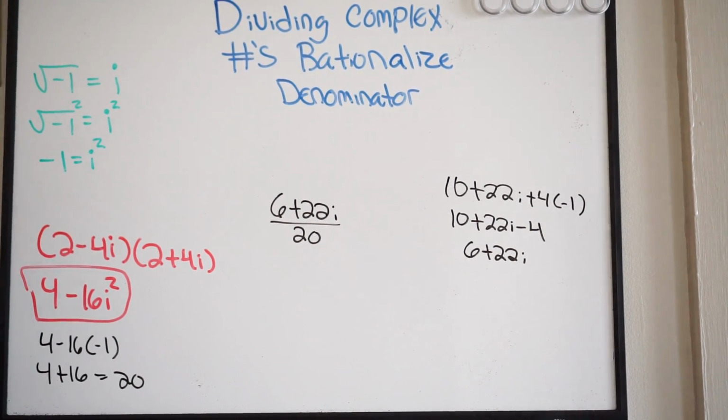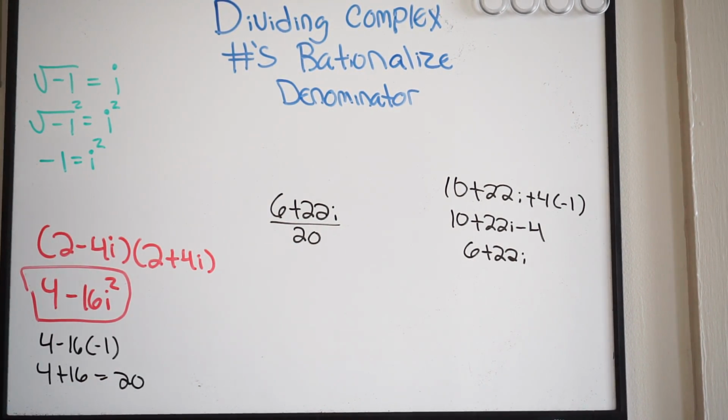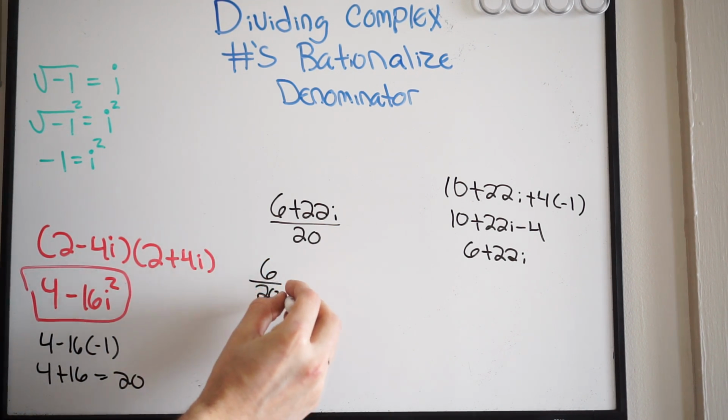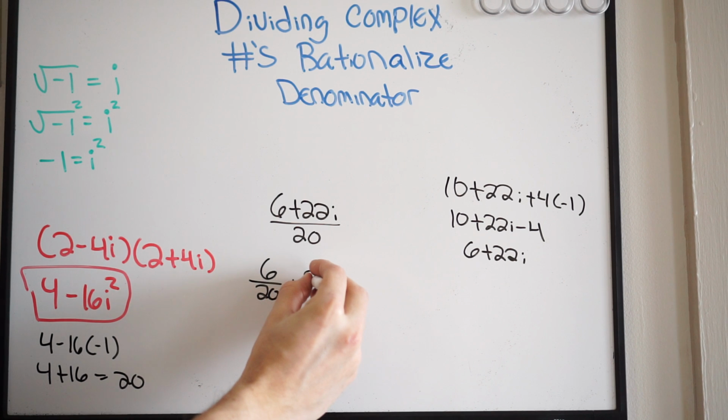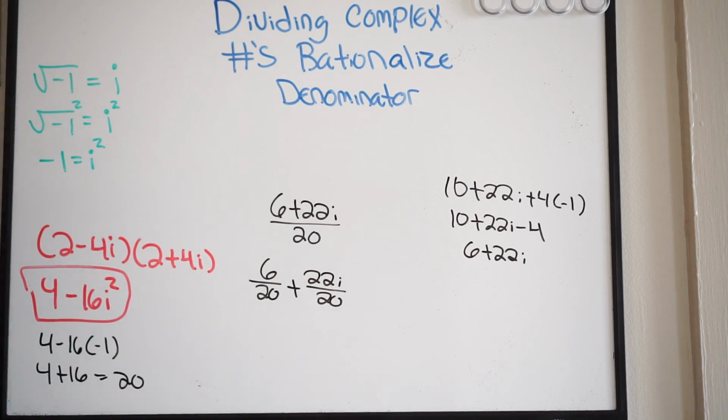And now we can reduce this. Notice how they're both under the same denominator, so we can go ahead and break this apart. We will have 6 over 20 plus 22i over 20.